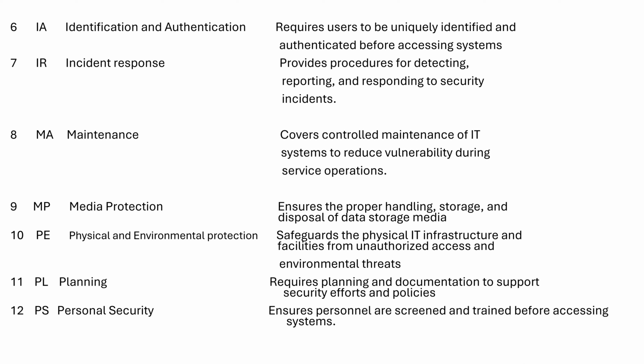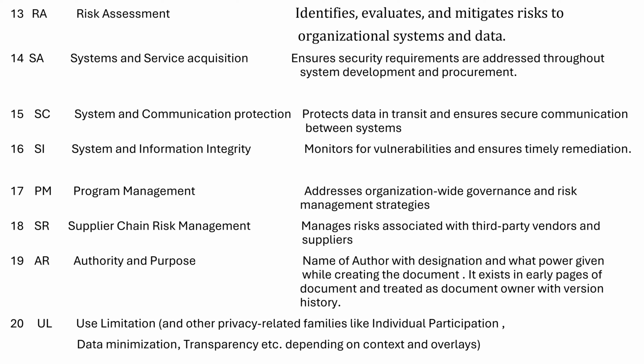MP is media protection. It ensures the proper handling, storage and disposal of data storage media. Physical and environmental protection, coded as PE, safeguards the physical infrastructure, information technology infrastructure and facilities from unauthorized access and environmental threats. PL belongs to the planning phase, where it requires planning and documentation to support security efforts and policies. PS belongs to personnel security, where it ensures personnel are screened and trained before accessing systems.